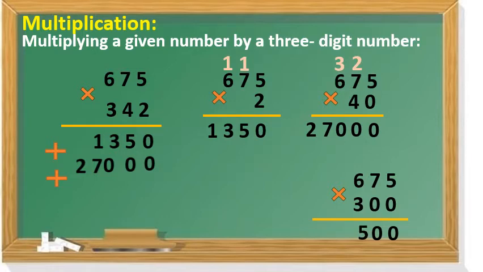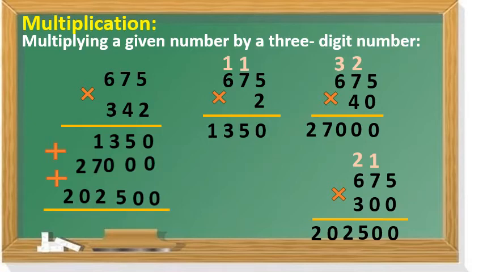Okay, 3 5s are 15. 5 will write here, 1 carried over. 7 3s are 21 plus 1 is 22. 2 I will write down and 2 carried over. Now 6 3s are 18 plus 2, that is 20. Okay. Again we will write this big number below that line. Okay. Now here our multiplication is completed.